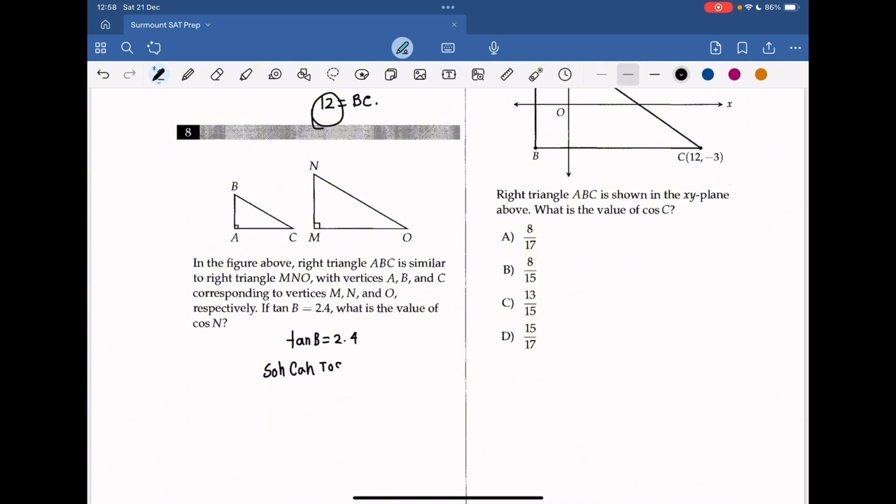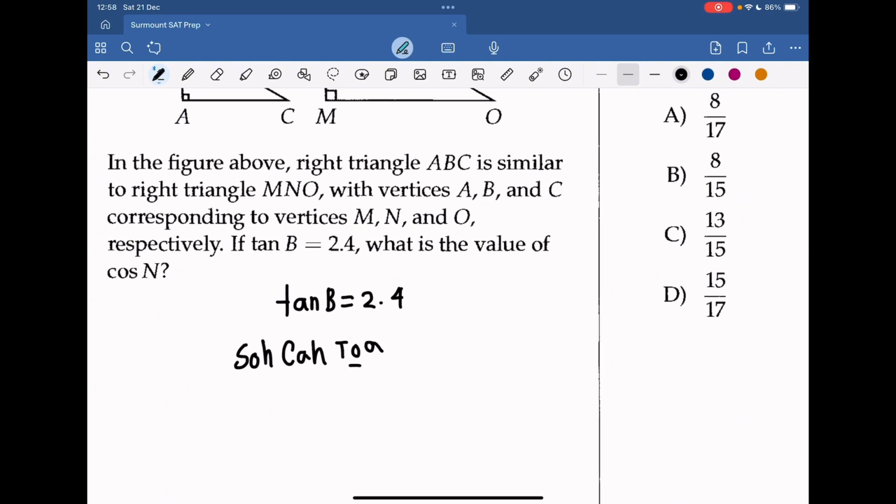So tangent is opposite over adjacent, so we can represent that as opposite over adjacent of B, which is equal to 2.4. We can also represent 2.4 in terms of a fraction, just so it's easier for us to cross multiply. So 2.4 is also equal to 12/5 as a fraction.